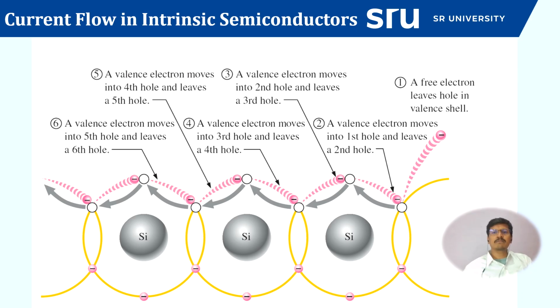To overcome this limitation, engineers introduced controlled impurities through doping to control the charge carrier density and mobility of charge carriers in the semiconductors. Doping dramatically increases carrier concentration and conductivity. This leads to the formation of N-type and P-type semiconductors.